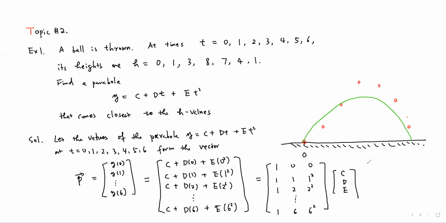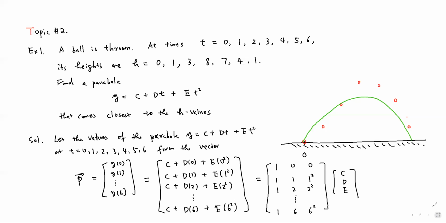Now what I want to do is choose C, D, E so that the values of the parabola are as close as possible to the given values.